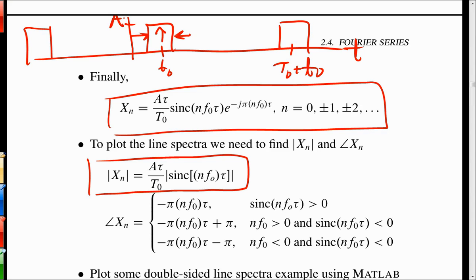The amplitude is still A. And then what happens in this term under that condition is that it has a different appearance. If you were looking in the book, this would be e to the minus j 2 pi n f naught times little t naught, right? Does everybody agree with that?